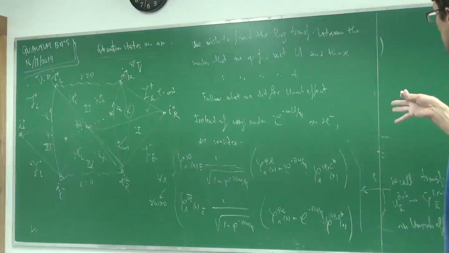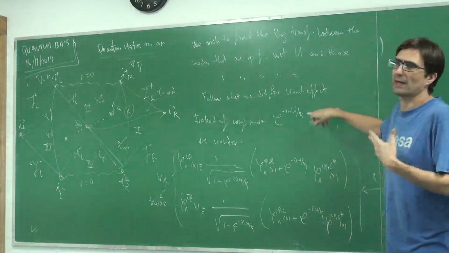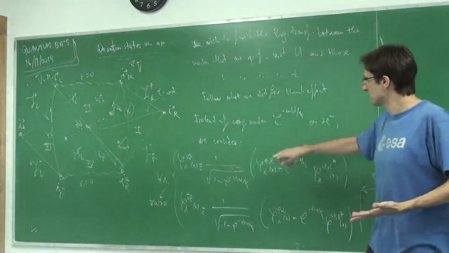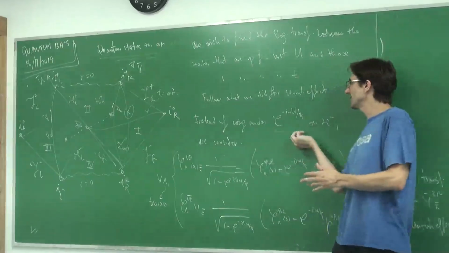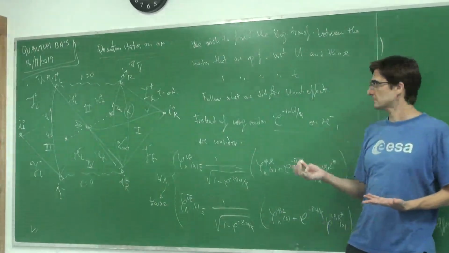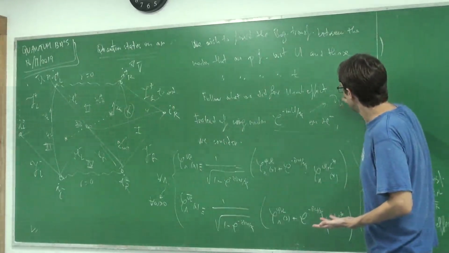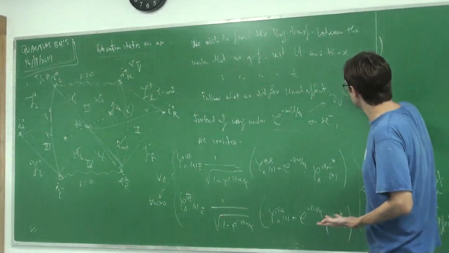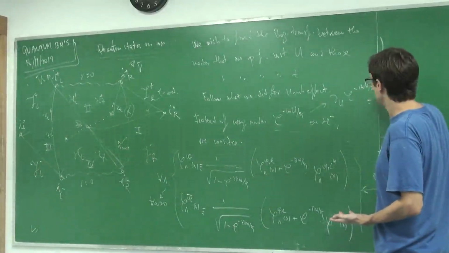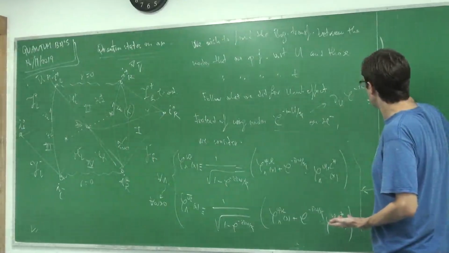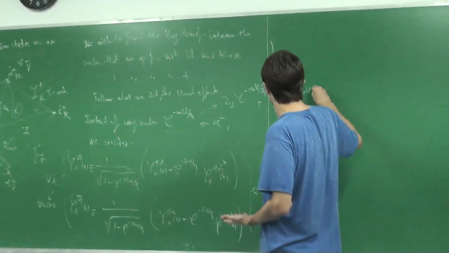Okay, so I still need to show, I'm claiming that these modes are positive frequency with respect to capital U. So these ones clearly are. You take the partial derivative with respect to capital U of these modes, and this is just minus I omega kappa times themselves.